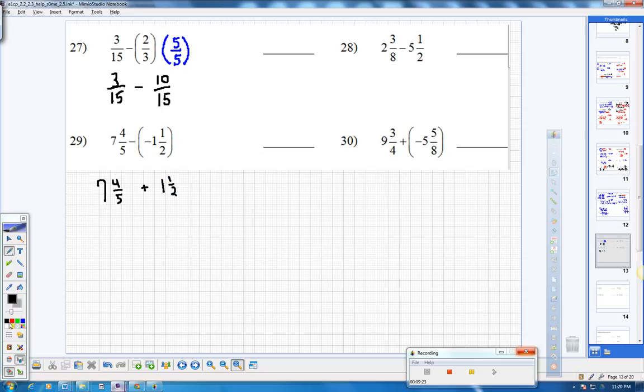Then I'm going to take care of those fractions. Because I'm adding now, it makes it a lot easier. I know that the common denominator of 4/5 and 1/2 is going to be 10. In order to get 10, I need to multiply just that fraction by 2 over 2. New value of 7 8/10.